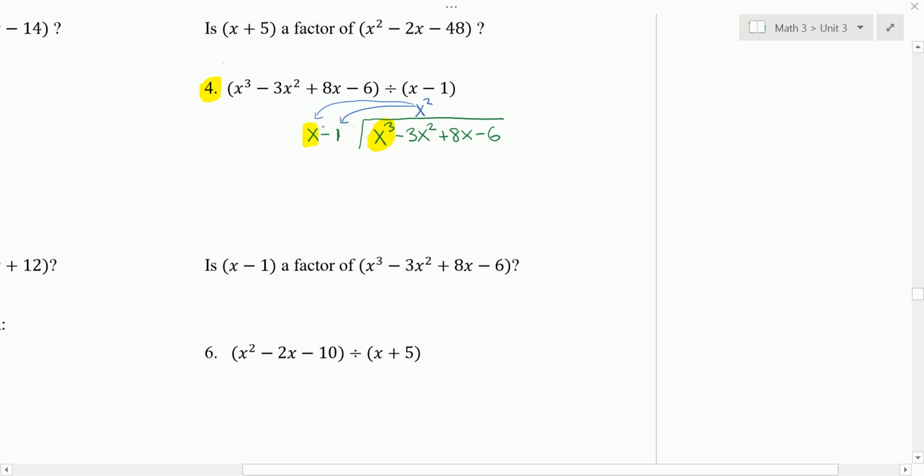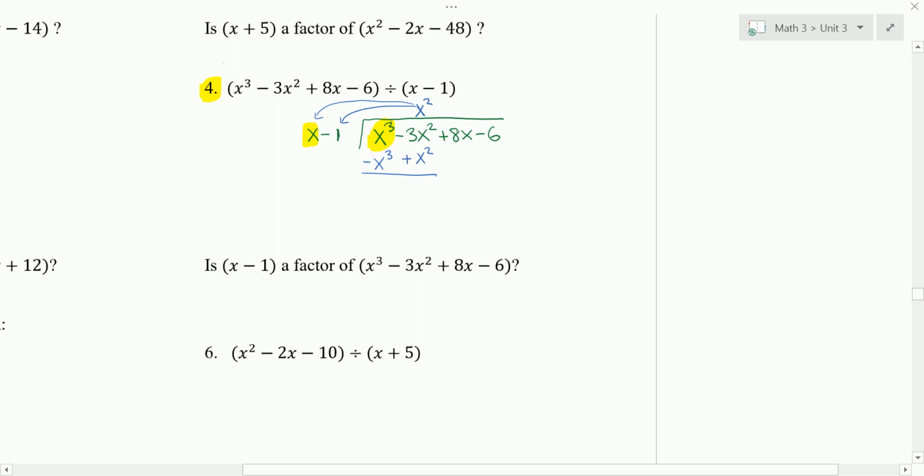And x squared times x is x cubed. I'll write underneath the x cubed, line that up, same power. And x squared times -1 is -x squared. And we change our signs because we're going to subtract.